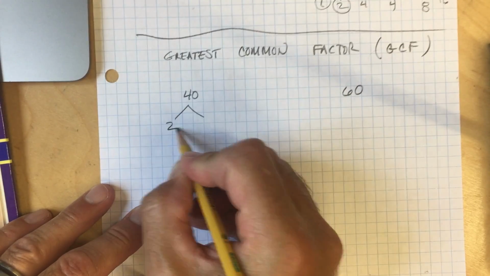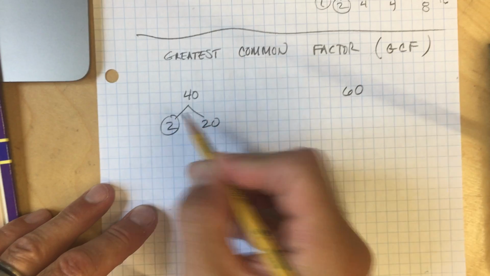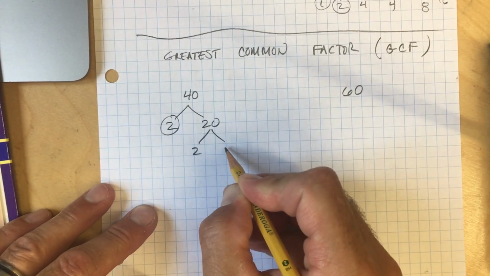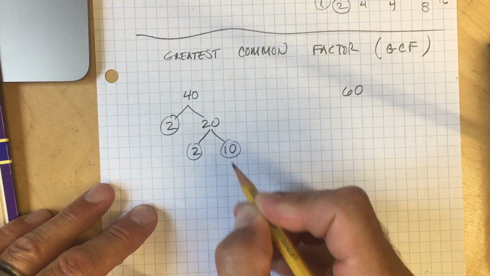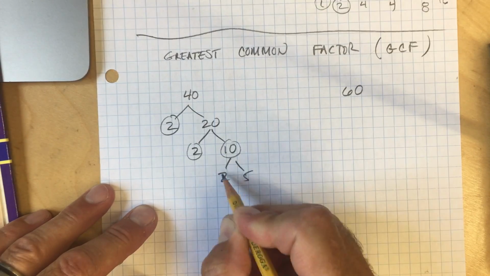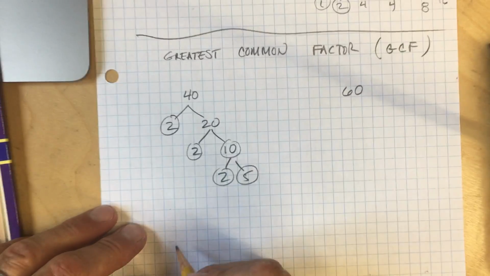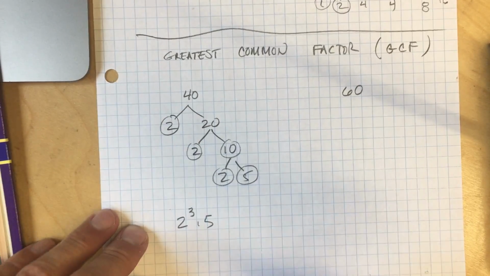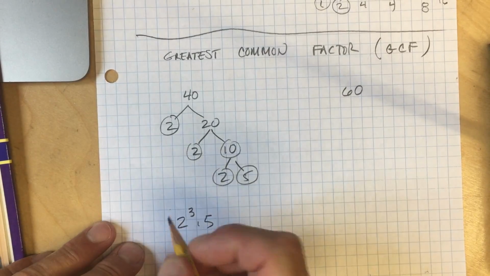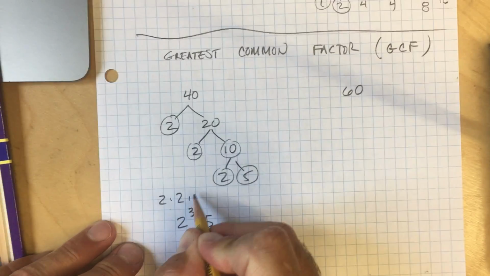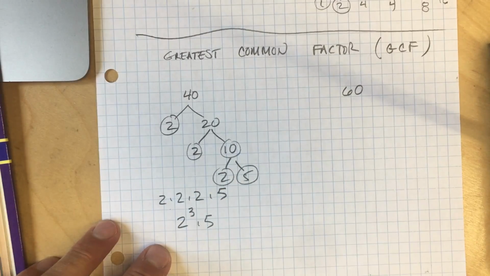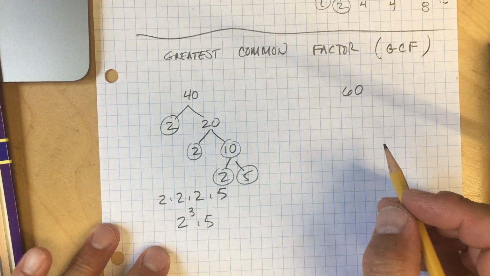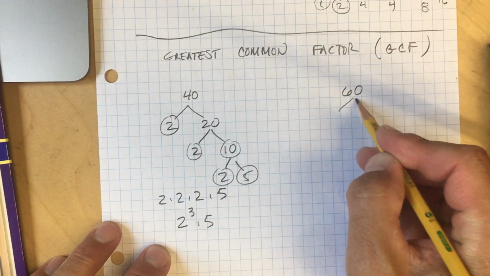So, for example, this is 2 and 20. This is 2 and 10. This is 2 and 5. And so we have 2 to the 3rd times 5. Or you could think about it as 2 times 2 times 2 times 5. Okay, let's do the same for 60.